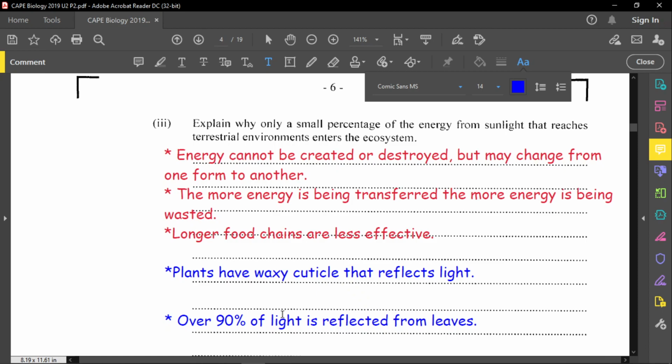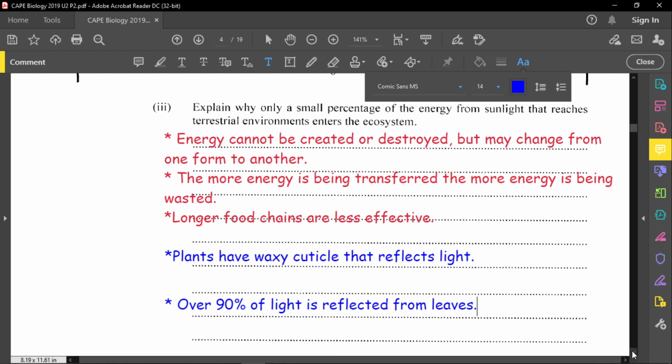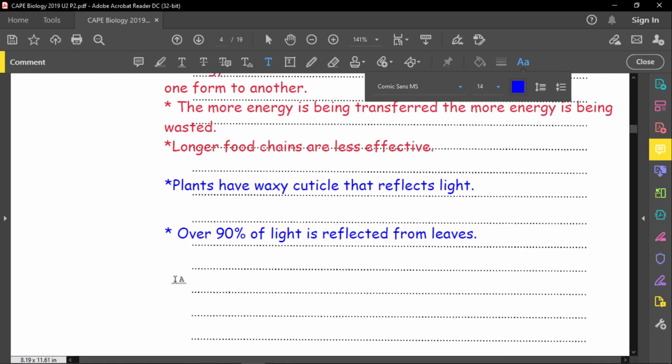And so if most of it is being reflected, then only a small percentage of light is actually being absorbed by the leaf. So let's make a next point with that.